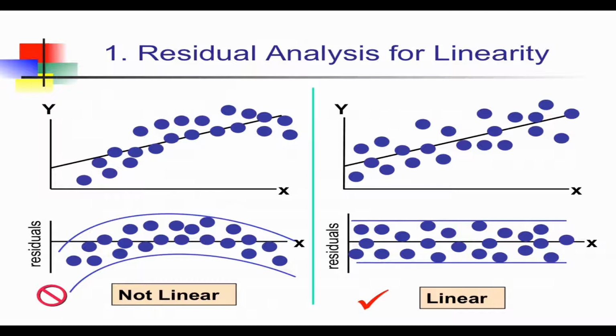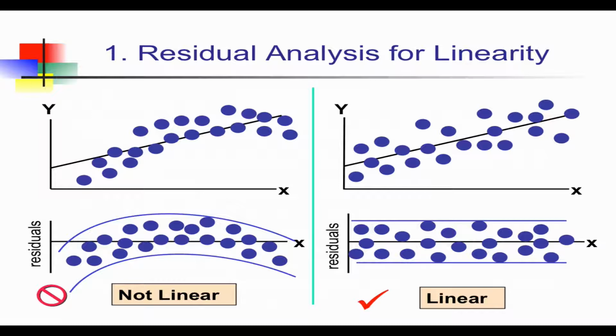On the y level, if you plot a scatter plot of y versus x, you are expecting this situation instead of this situation. If you have this curvature behavior between y and x, then probably linear regression is not a good choice. And you can actually see that more obviously on the residual plot.